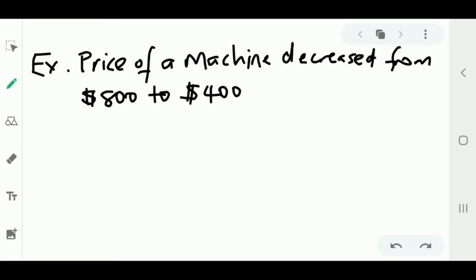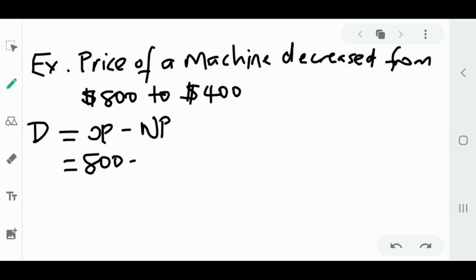Now let's say we have this example here. The price of a machine decreased from $800 to $400. So the first thing you'd want to find is the decrease, which is equal to original price minus new price. So the original price was $800, new price is $400. So the difference between that and that is $400.